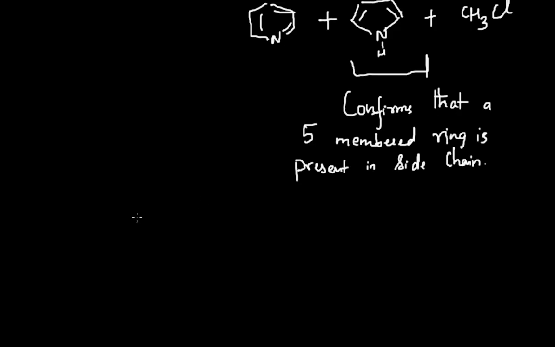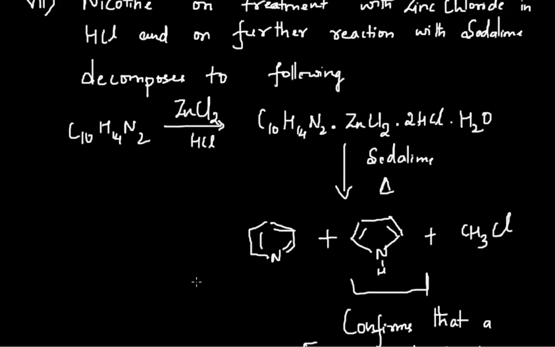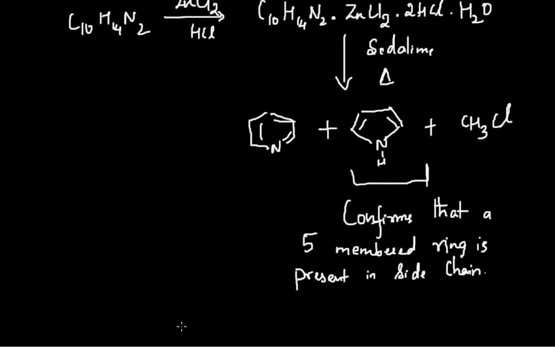So let us go back and see what we are supposed to account for in the side chain. So let me use a different pen here. In the side chain, is it visible?